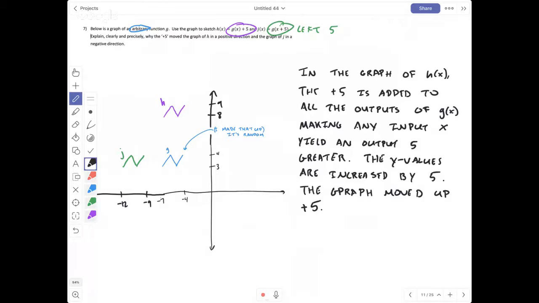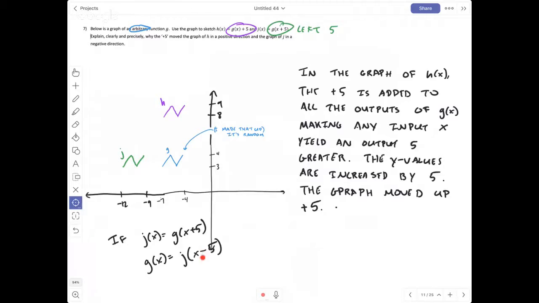Something I was pointing out to students the other day is that if j of x equals g of x +5, then g of x is equal to j of x -5. So we could think of it as it being this -5 that we're moving to here. That it's this minus that moves us that way. I don't know if that helps anybody.